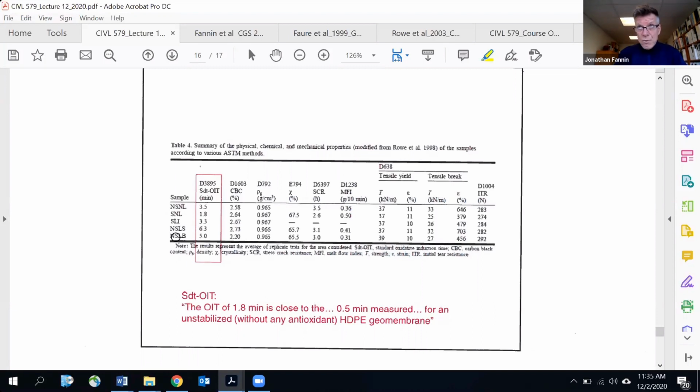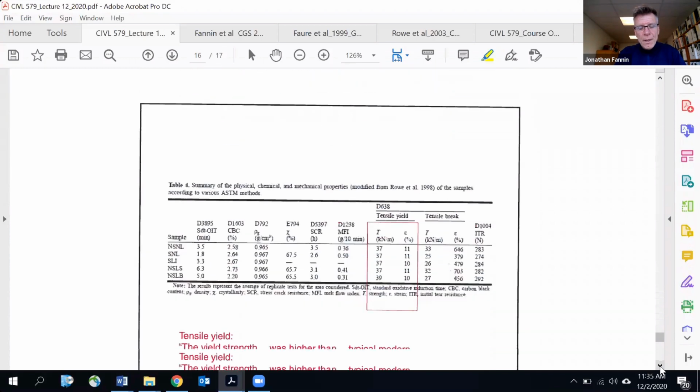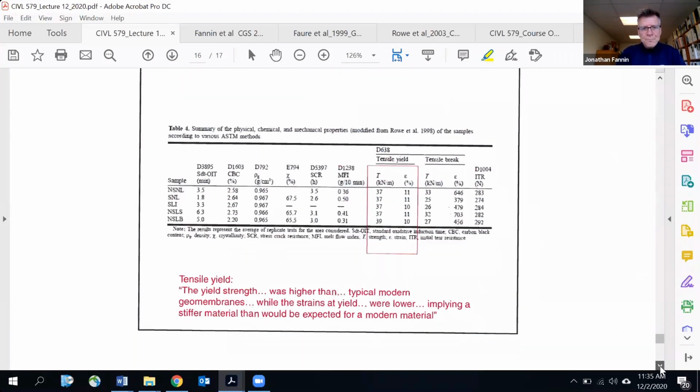So we have a geomembrane with a lot of holes in it. We have a geomembrane that its antioxidant package has been largely consumed, varying a little bit by location. And if we look at the strengths, the yield strength was higher than typical modern geomembranes, while the strains at yield were lower.